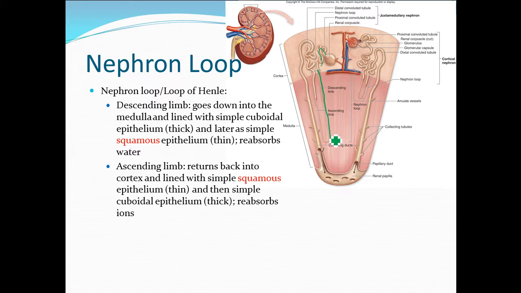If it's reabsorbing water, it's taking water out of the filtrate into the capillaries that are surrounding this, right? Depending on the capillaries that we were talking about, right? What were the capillaries that go deep into the medulla called again? Oh, okay.